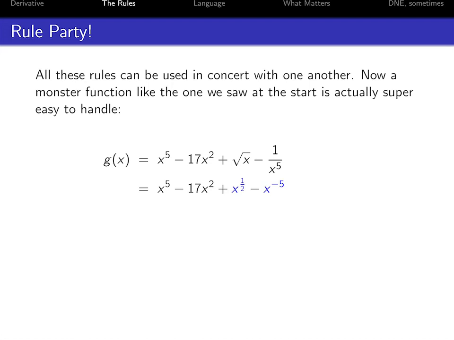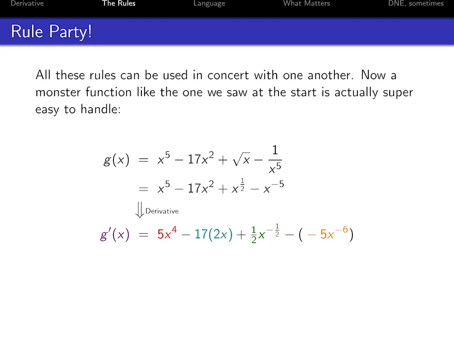At this point, it's really easy to apply the power rule, and the 17x squared is just the power rule with the constant multiple rule. We take the derivative of all those, and derivative of x to the 5th is 5x to the 4th minus, right, because we separate based on the sum rule, we keep them separate, so 5x to the 4th minus 17 times 2x, right, just the derivative on x squared multiplied by the constant it had, plus 1/2 x to the negative 1/2, just bringing down the 1/2 and then subtracting 1 from the exponent, and then minus quantity, negative 5 times x to the negative 6, just bringing down our exponent, subtracting 1 once again.